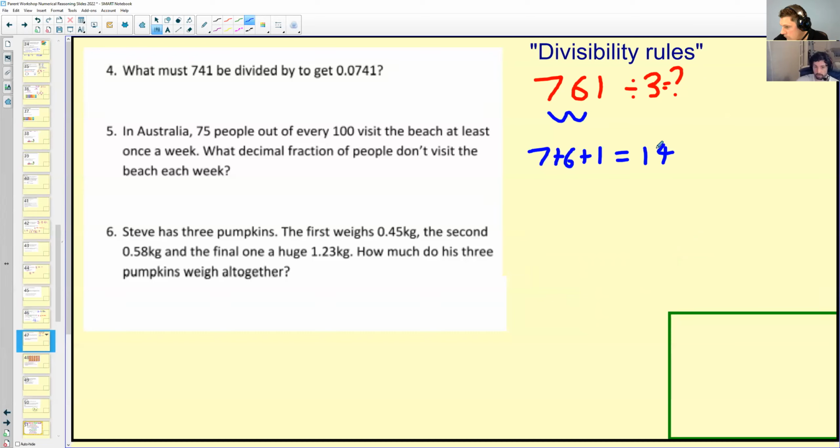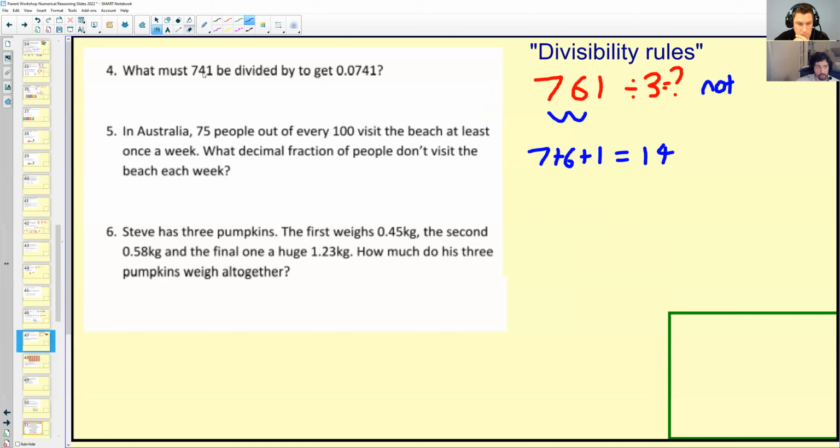Can't do it by 3. Therefore, this is not a number that is divisible by 3. And in fact, let's just check 761 divided by 3. No, it gives us some horrible recurring 0.6. It's really useful, and certainly for the more difficult questions, otherwise, how would you know that? Well, actually, it's these divisibility rules that they're expecting your students to know that can really catch students out.